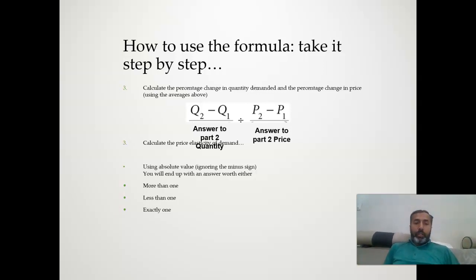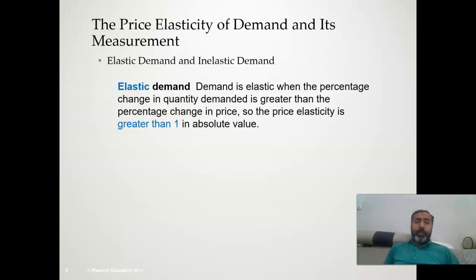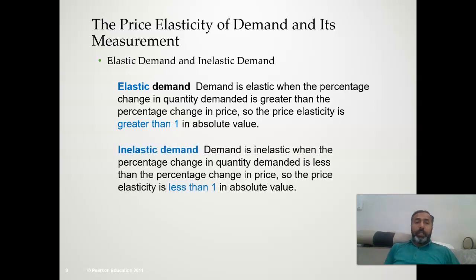Therefore, we will look at the absolute value of PED, and if the answer is more than 1, we will call it elastic demand. Demand is elastic when the percentage change in quantity demanded is greater than the percentage change in price. So if the absolute value of PED is greater than 1, we'll call it elastic demand.